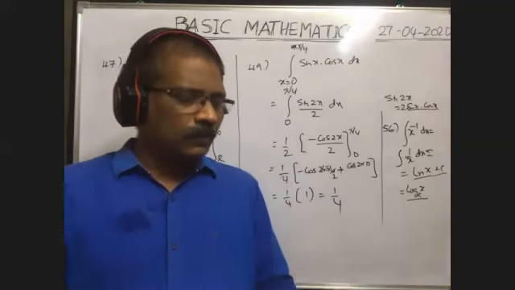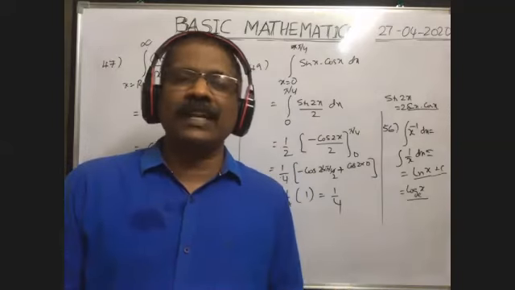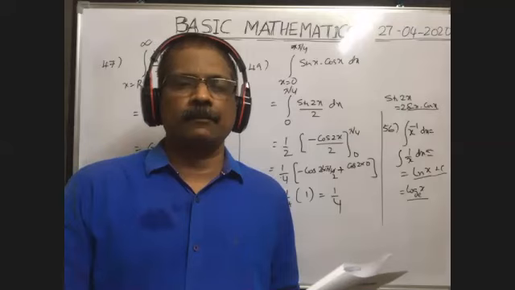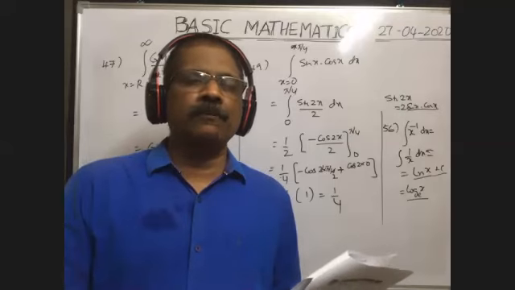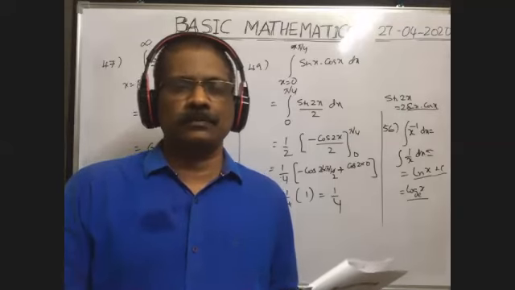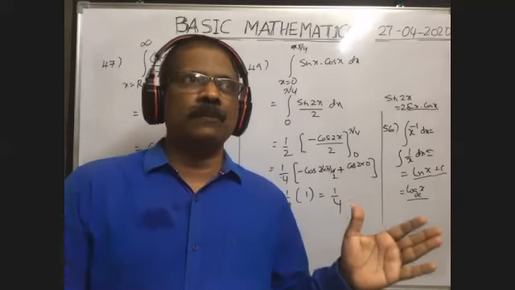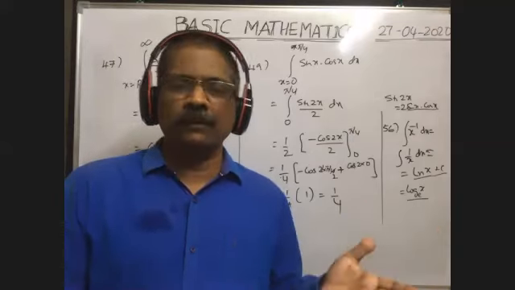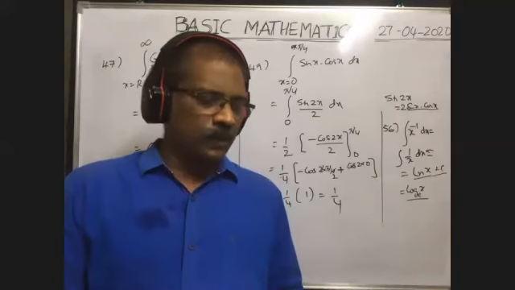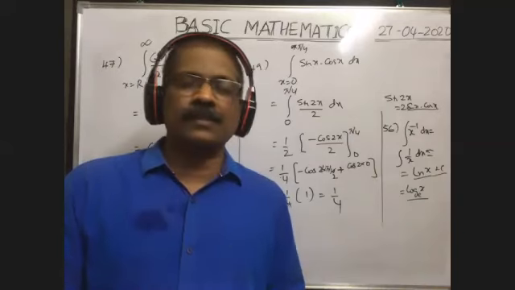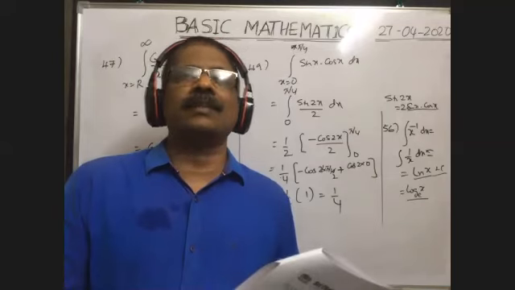Next, what about integral e^x dx? Integral of e to the power of x dx is how much? Already I said in the formulas, integral of e to the power of x dx means e to the power of x only.